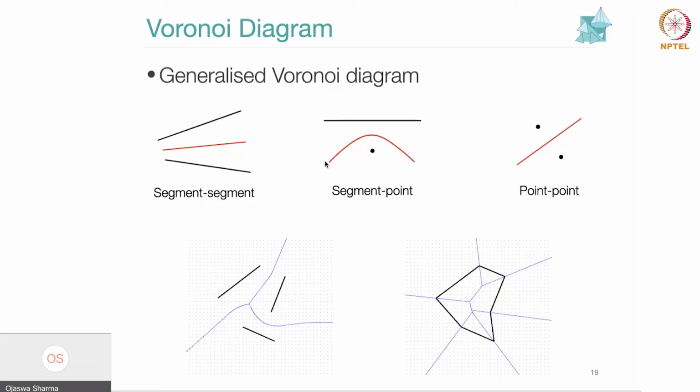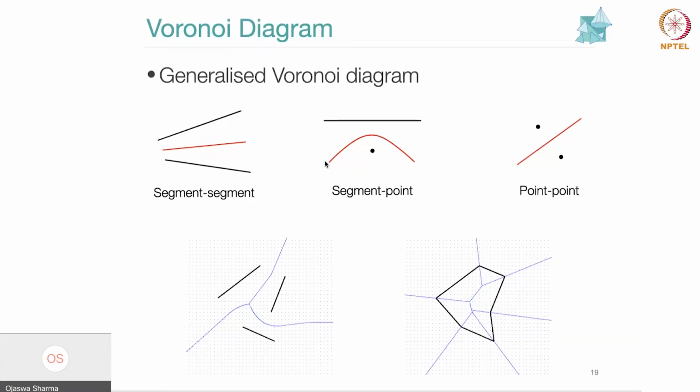So when you want to construct a Voronoi diagram of a discrete set of disconnected lines, you have to consider the Voronoi diagram between line and point, line and line. All of these cases will happen. So the Voronoi diagram on the left will have straight lines and parabolic parts, as you can see here.